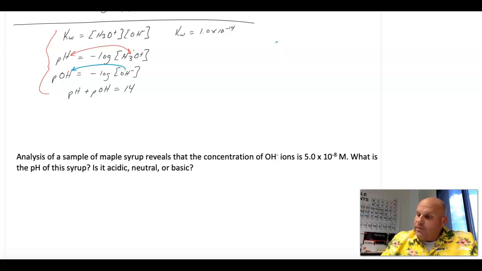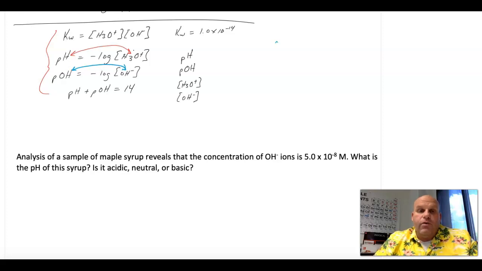With these four equations, you can navigate your way from one to any of the other three. I'm talking about pH, pOH, the concentration of H3O plus, and the concentration of OH minus. With those four expressions, you can figure out any of the other three.